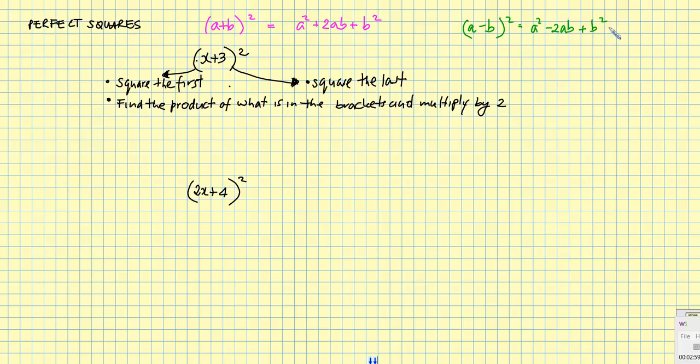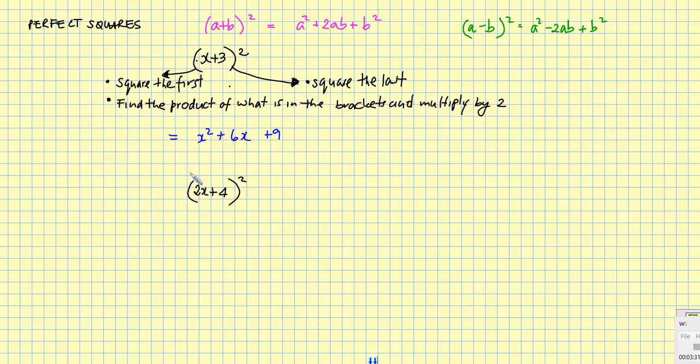Using the shortcut form for that, we square the first term, so I have x squared. I square the last term, which is positive 3 times positive 3, which is positive 9. I multiply together the two terms inside the parentheses. Positive 3 times x is positive 3x, and then I double it, or multiply it by 2, which goes to positive 6x. And there's our final answer.